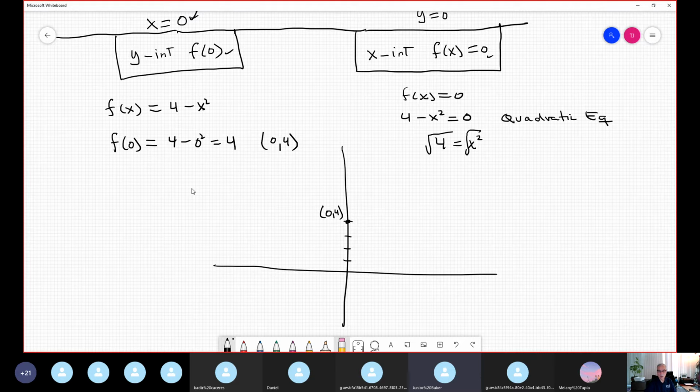Then x alone is plus or minus 2. So we discovered two x-intercepts at the points (2, 0) and (-2, 0). Let's plot them. This point is (2, 0). This point is (-2, 0), and our graph looks like that, a parabola that opens down.